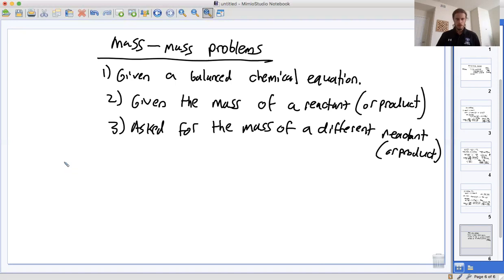Okay, so let's look at an example. Let's take our water splitting reaction.